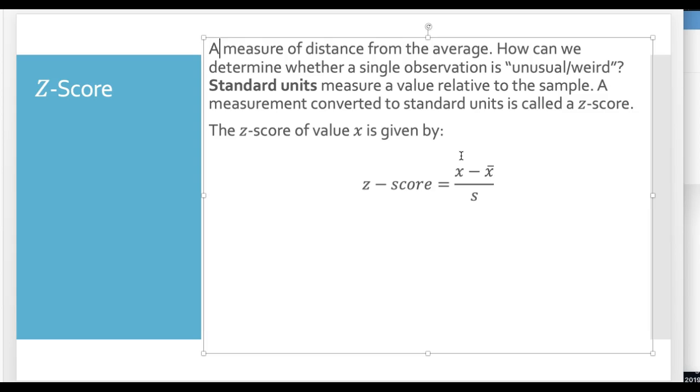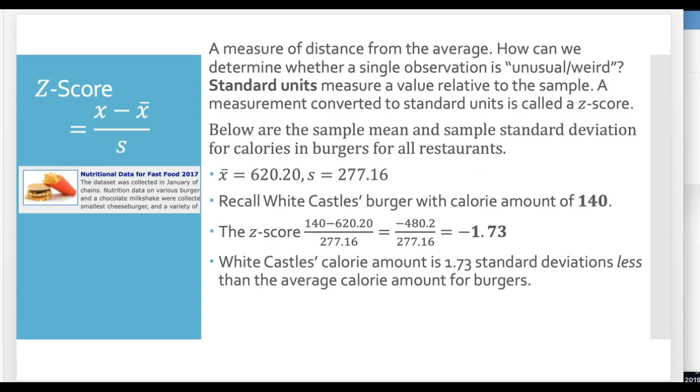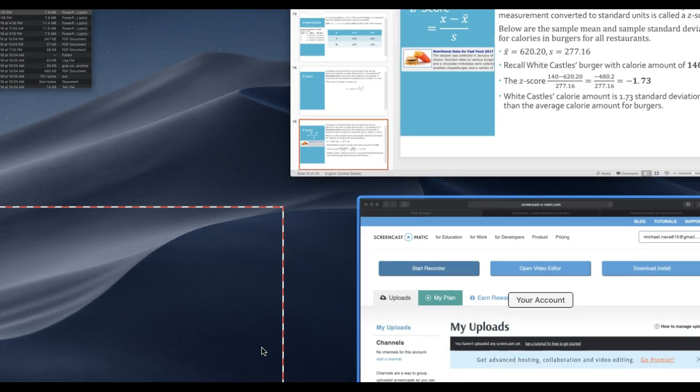Okay, let's see an example here, really quickly. I'll go into StatCrunch, and there's this data set on nutritional data for fast food in 2017. Let me pull that up.